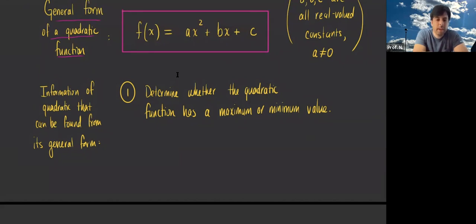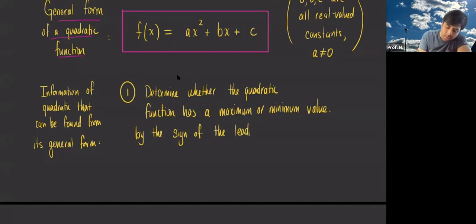We can determine whether it has a maximum or minimum value without a graphing calculator. Just by looking at the function, I'm able to tell, oh, this will have a maximum, or this will have a minimum. Yes, Cindy, that's right. It's all about that a value. This a value is what tells me. So how do we determine? Well, we determine it by the sign of the leading coefficient.